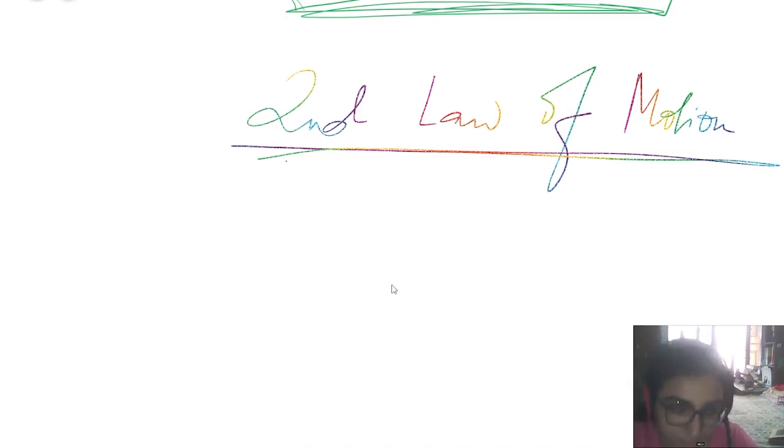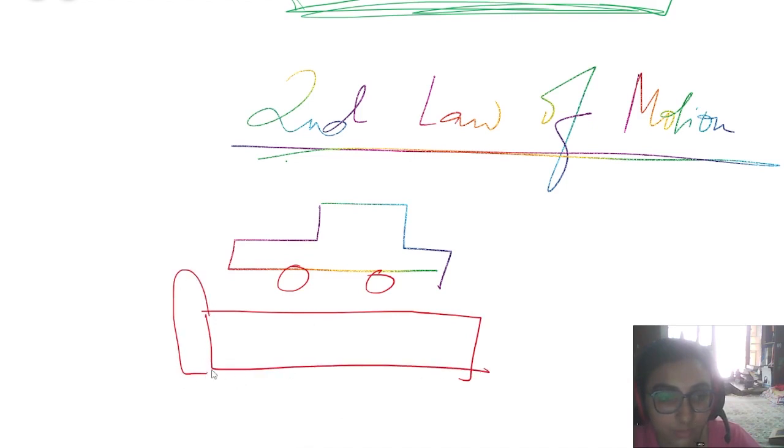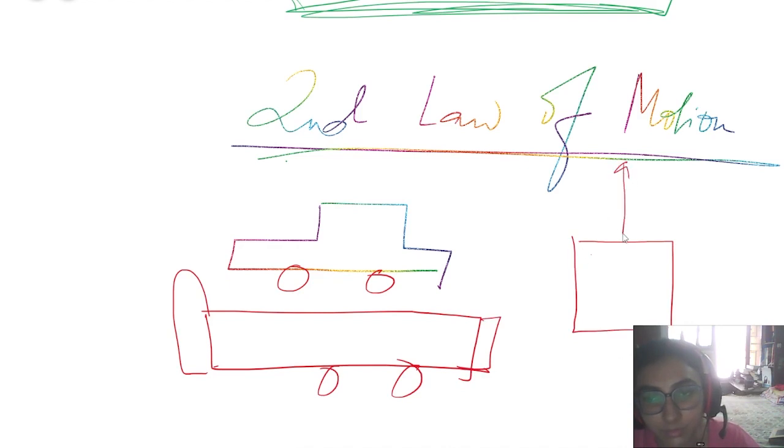Suppose the car and the truck were both on the same road, and suddenly a small vegetable van came in between, like it was crossing the road, and both the car and the truck were coming at good speed. So whose impact is going to be more on the van?